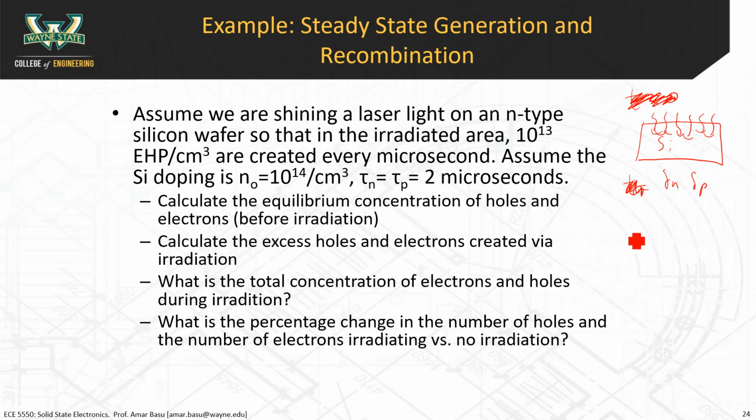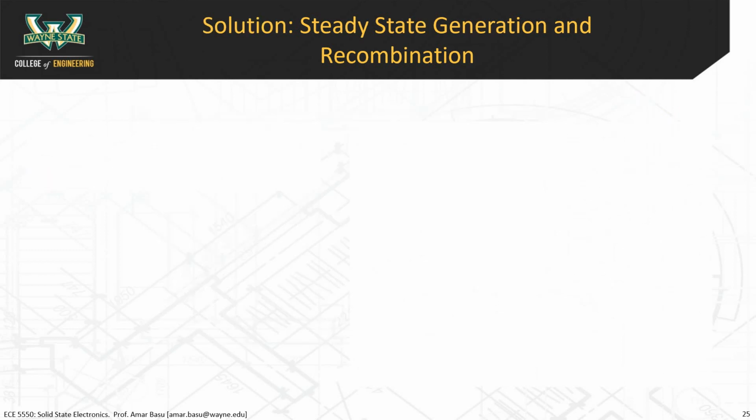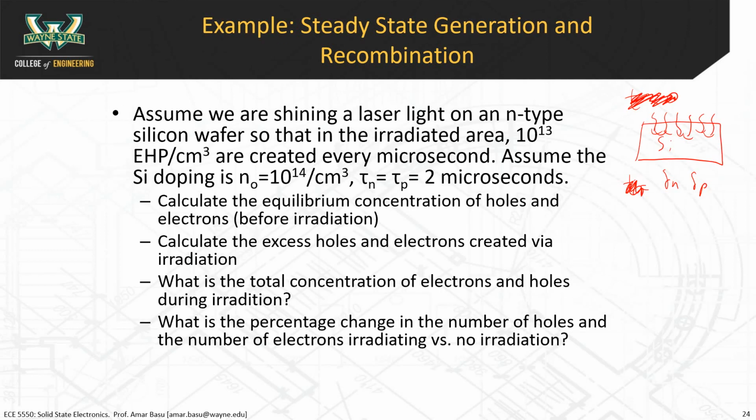So before irradiation, without the light, you're going to have n0 and p0. And then here is with light.